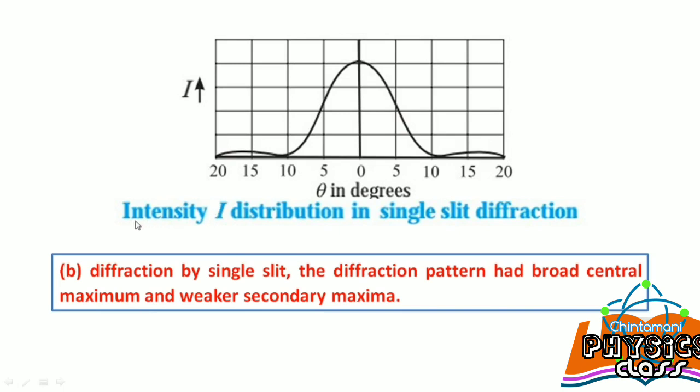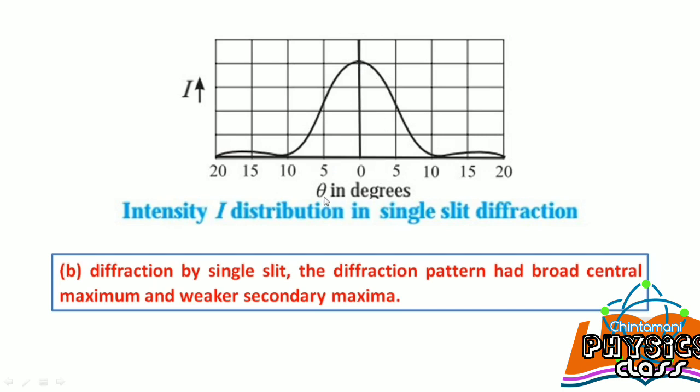Now the second graph, the intensity I distribution in single slit diffraction. Again along the x-axis is the value of theta, along the y-axis it is intensity. In the middle, this is also called the central maxima, the intensity of light is maximum.